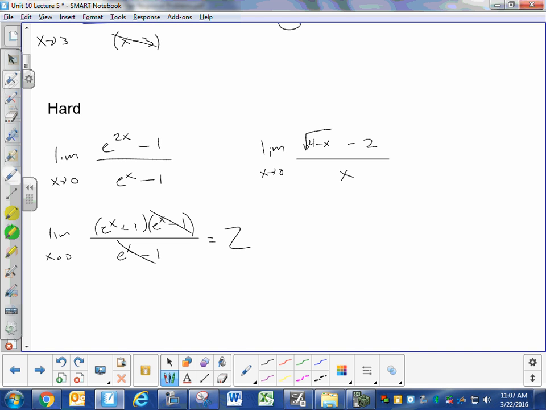I plug in 0, I get root 4 minus 2 over 0, that's 0 over 0, so that doesn't work. Who is shrugging your shoulders right now? Who is confident that they remember the algebraic tool we can use to figure out this limit? Ms. Klein?